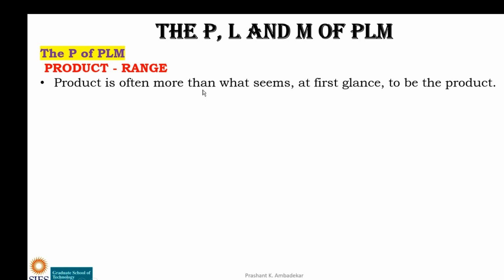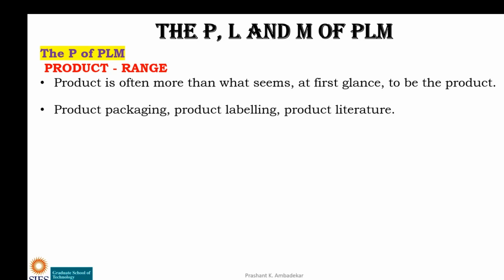Now, a product is often more than what seems at first glance. If you see something and think, okay, it is just a small product, there can be so many things in the product. It can include the packaging of the product. When a product is packed, packaging is involved, and that is also a product.